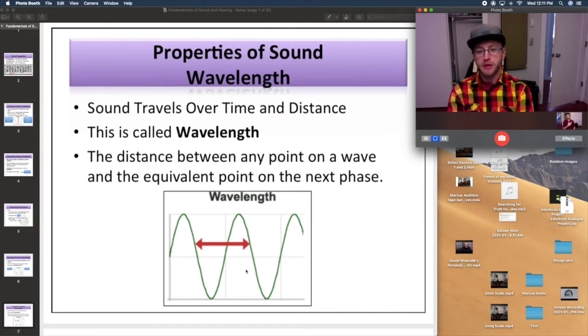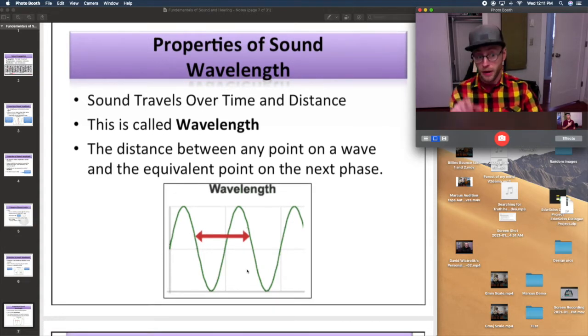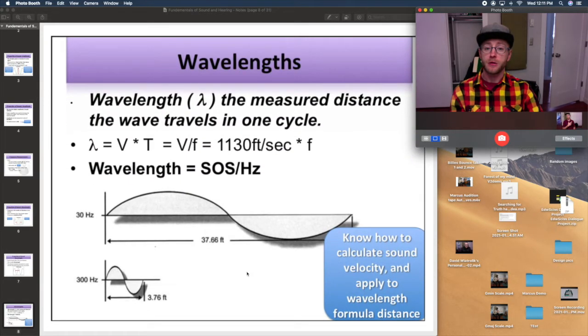This is another representation of wavelength. It's the distance, like I said, of one cycle. It's a physical distance of that one cycle, where the other one is how many cycles happen per second, so it's related to time. And that brings us to an equation that shows us the relationship between frequency, wavelength, and the constant, which is the speed of sound.